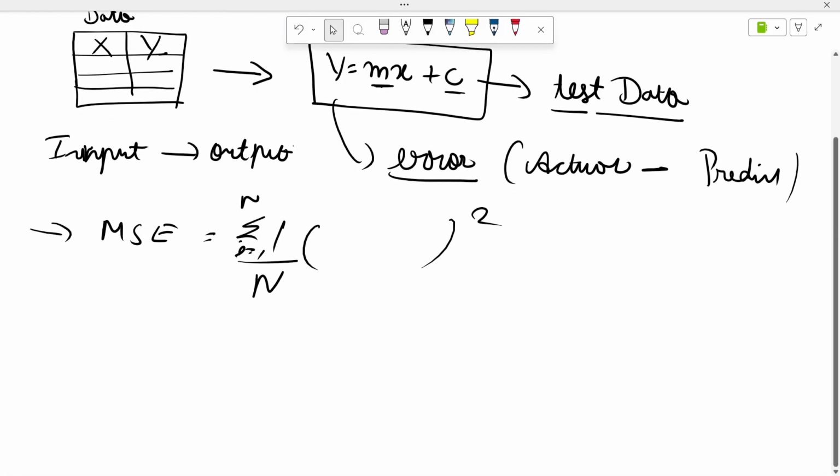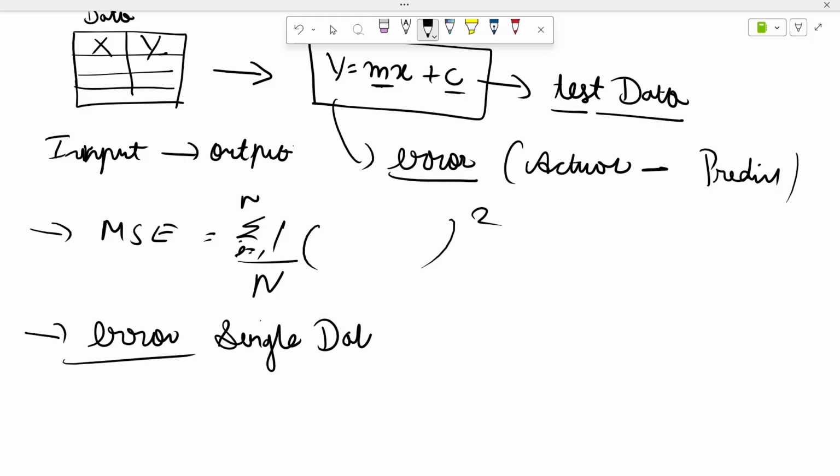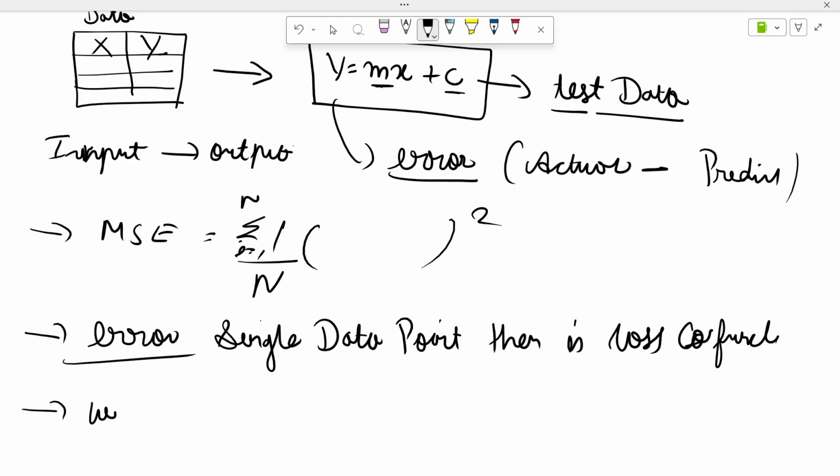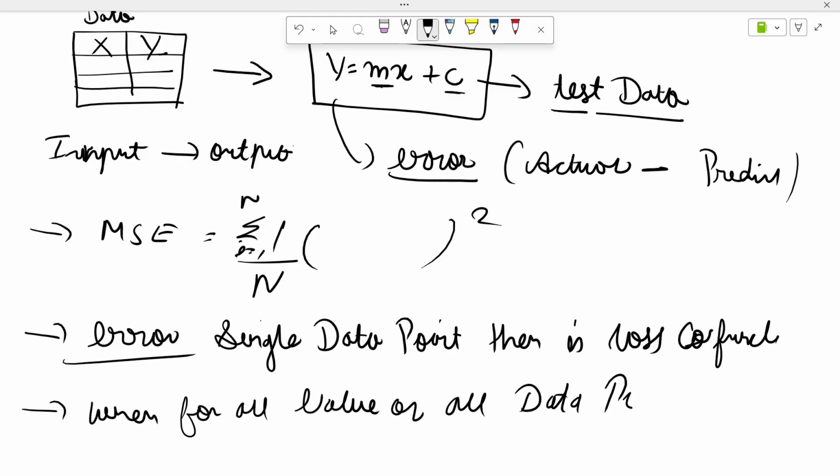When you take the error for a single data point, it is a loss function. And when you take all values or all data points, then it is the cost function.